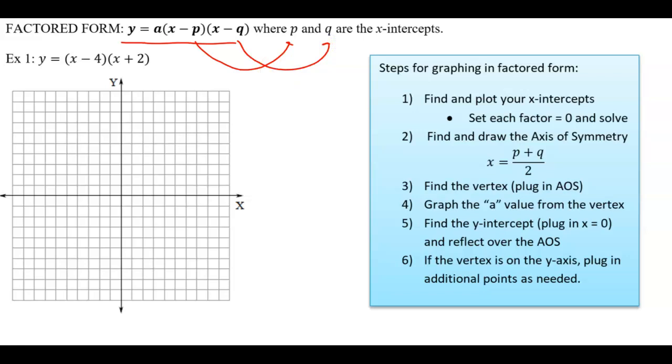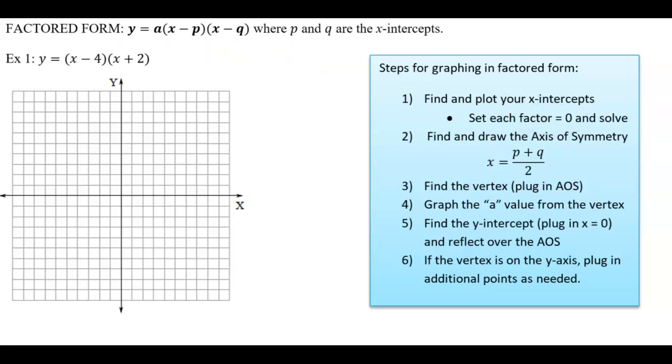We've kind of talked about that in class, and why we call an x-intercept a 0 is because if you set that factor equal to 0 and solve, that tells you when the parabola is on the x-axis. That is when y equals 0. So you'll see that here in just a moment.